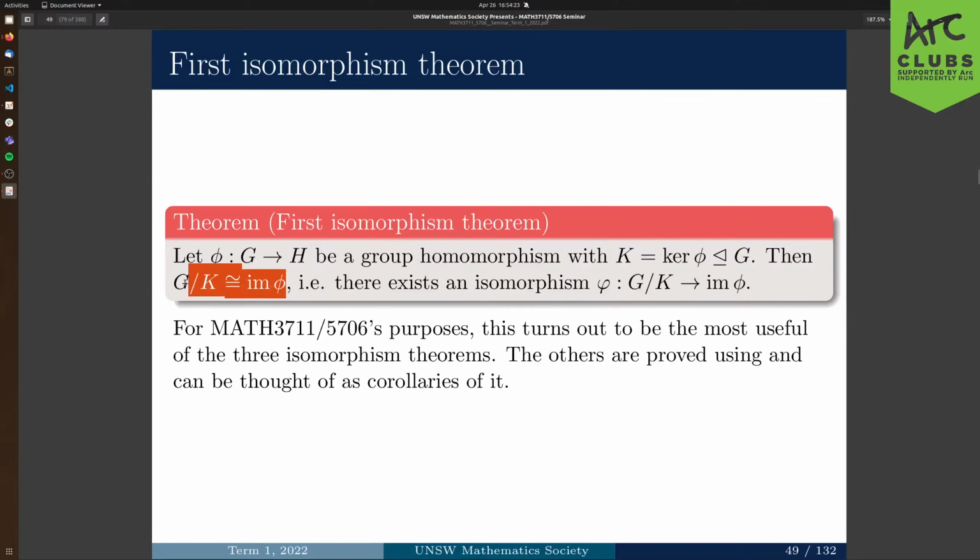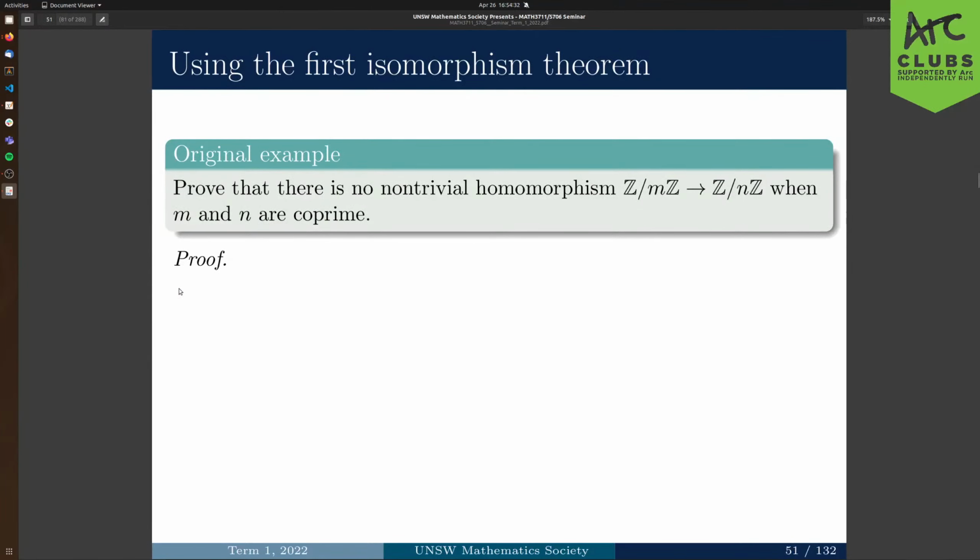So this isomorphism allows us to say that the image has the same number of elements as this quotient group. Ultimately I want to prove that the image is just 1, so it's just the identity, right?